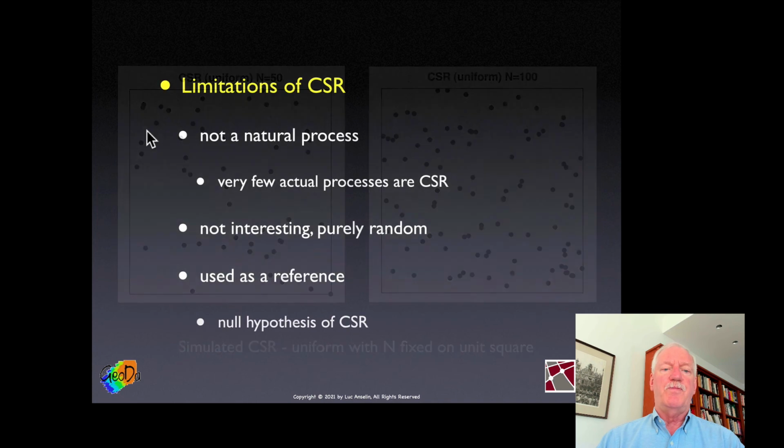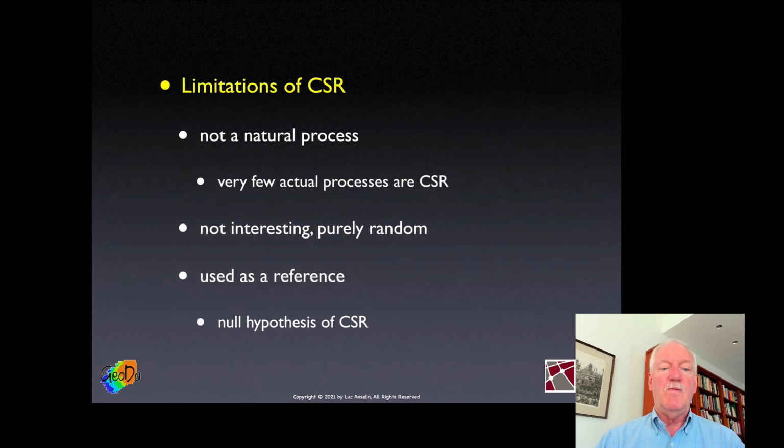So CSR is great as a frame of reference, but as I mentioned a couple of times already, it is not a natural process. Very few processes are actually like that. It's also, because it's purely random, not interesting in and of itself, and so it's used as a reference, as a null hypothesis.